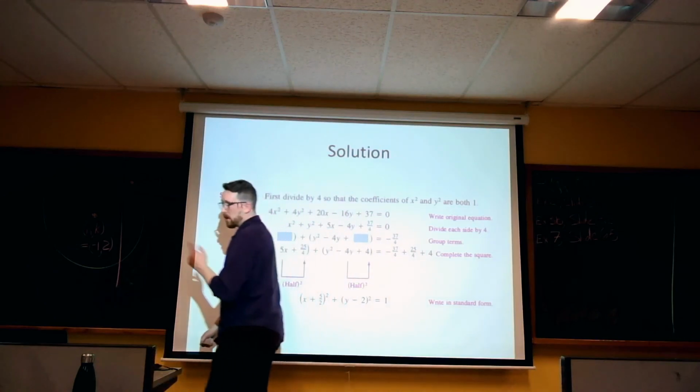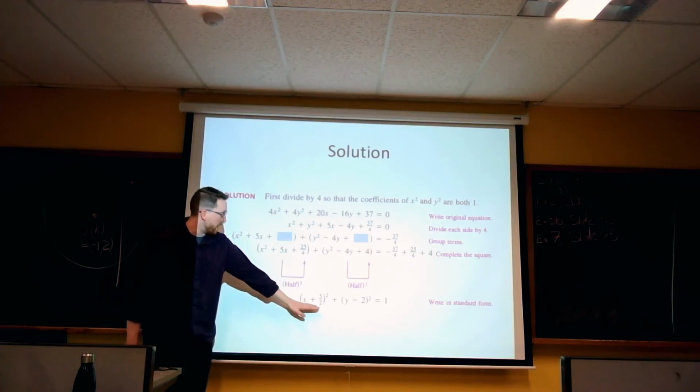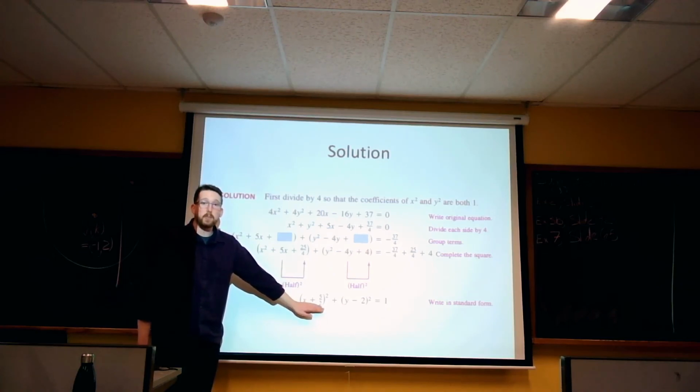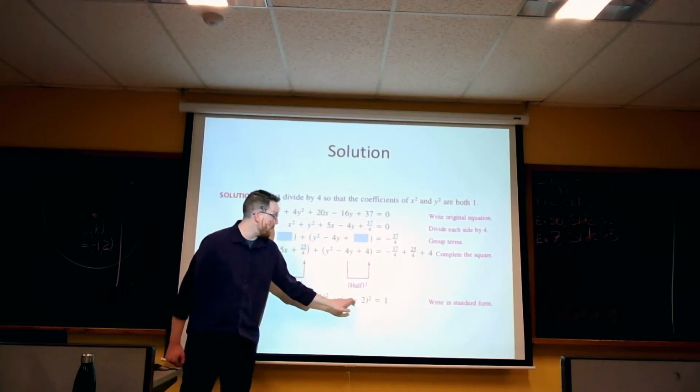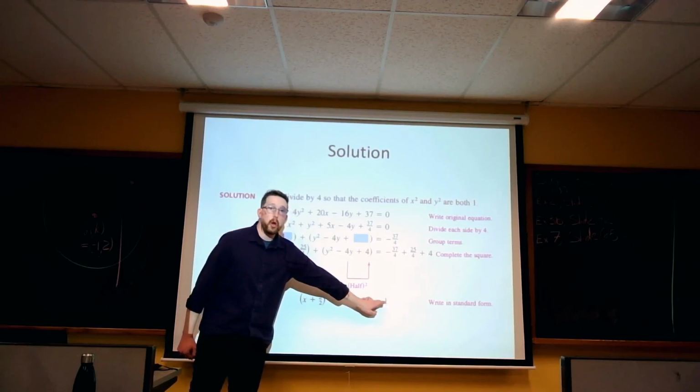Having said that, I want you all to notice something. Notice that we've got our (x - h) squared plus (y - k) squared is equal to r squared, right?